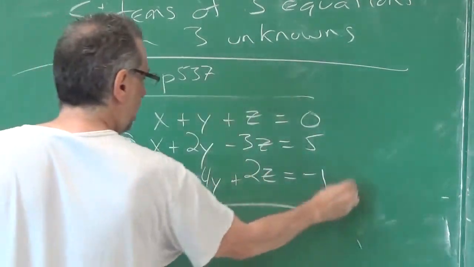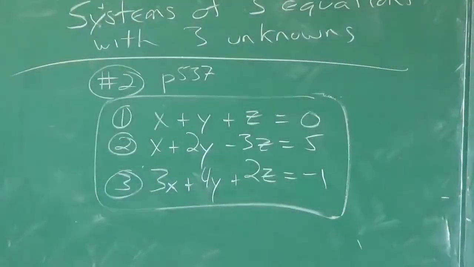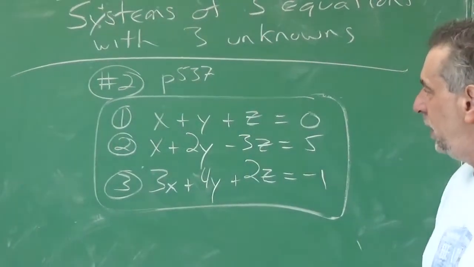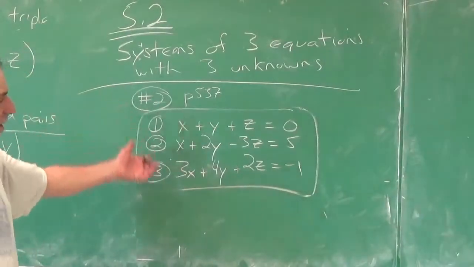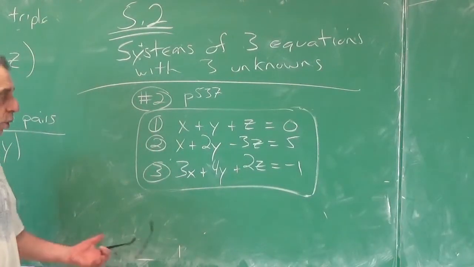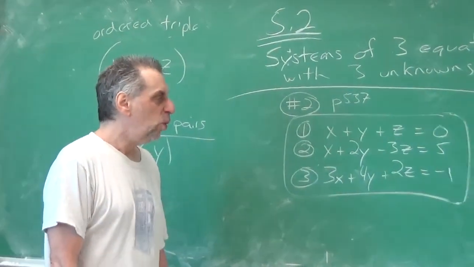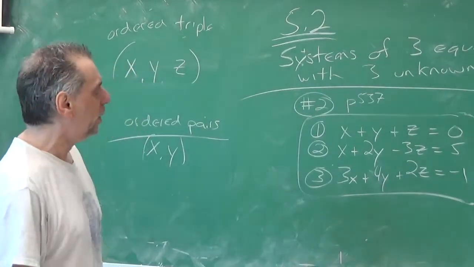So notice, in order to solve for 2 unknowns, we need 2 equations. In order to solve for 3 unknowns, we need at least 3 equations. That's as far as we're going to go. We're not going to go to 4 or 5. These obviously can go to more complicated systems, 10 equations, 10 unknowns. We don't want to deal with that, but there are ways to deal with those systems also. We're going to stop at 3 by 3.